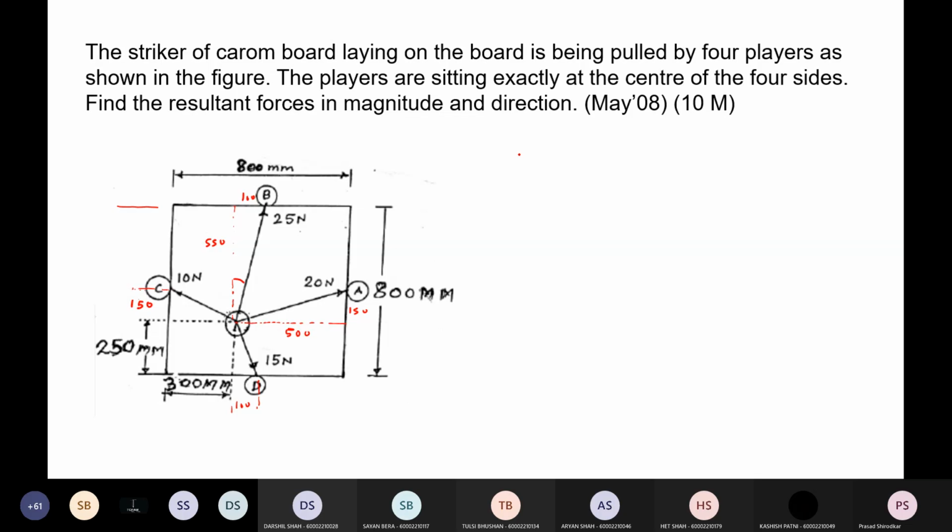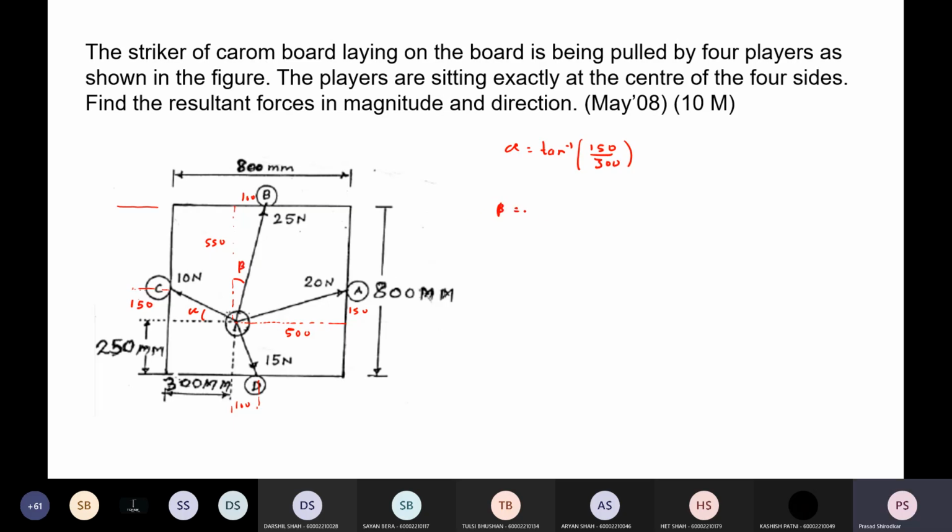So first, let's call this alpha. So alpha is equal to tan inverse of 150 by 300. Let's call this angle beta.